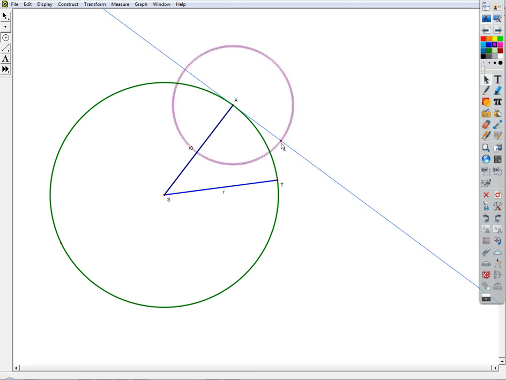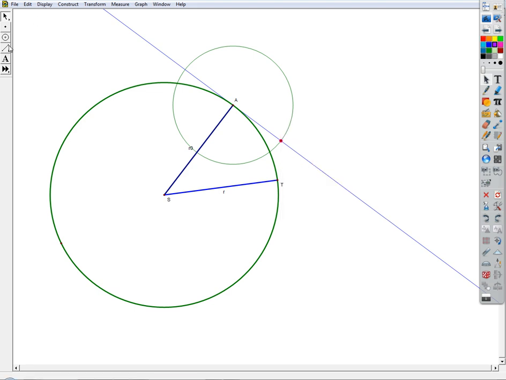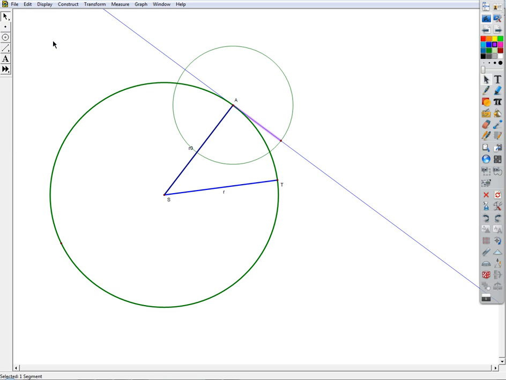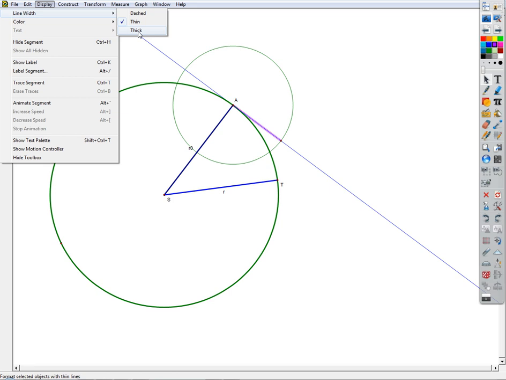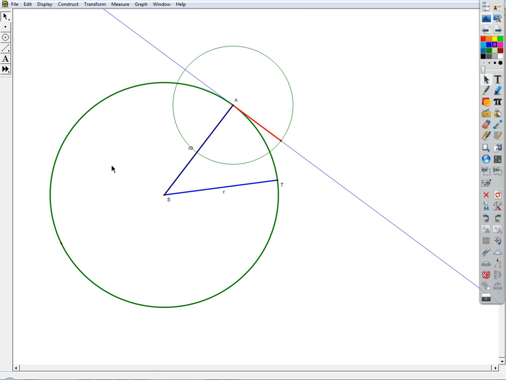I'm going to construct a segment, make that segment red, and make it fat. There it is. Everybody agree that's tangential? Meaning that the blue line is a tangent line. It only intersects the circle at that one spot.